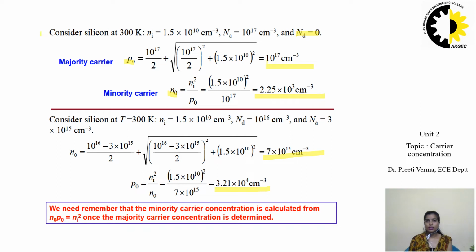Like in the first one, we first calculated the majority carrier concentration P naught, and using the value of the majority carrier concentration, we calculated the minority carrier concentration. Similarly, in the second example, the majority carrier concentration was N naught. So N naught is first calculated, then using the value of this N naught, we can calculate the value of P naught.